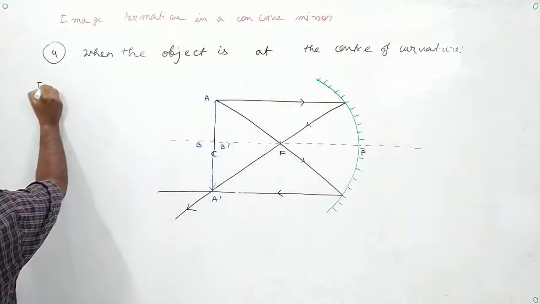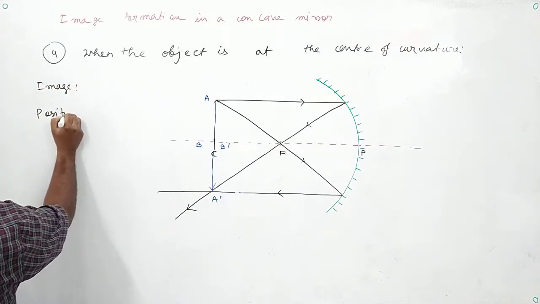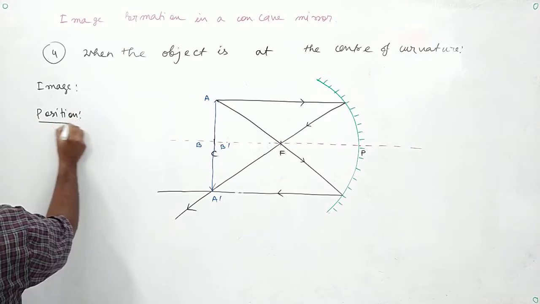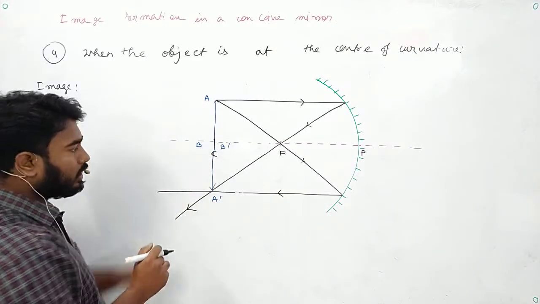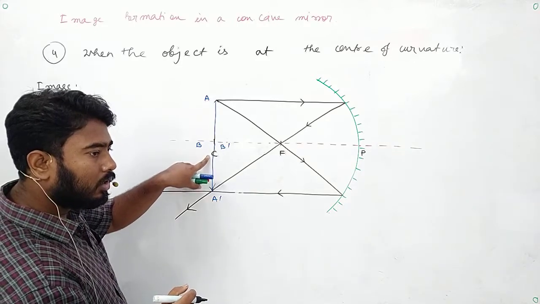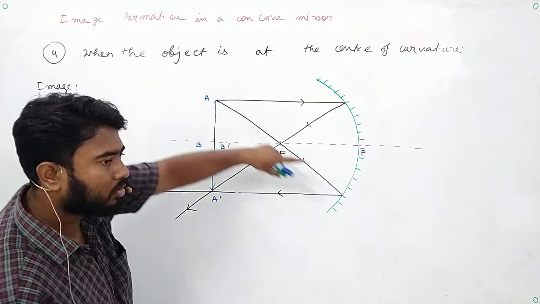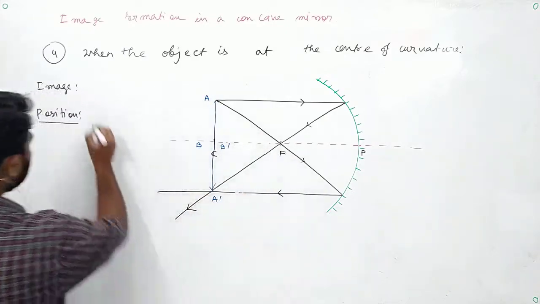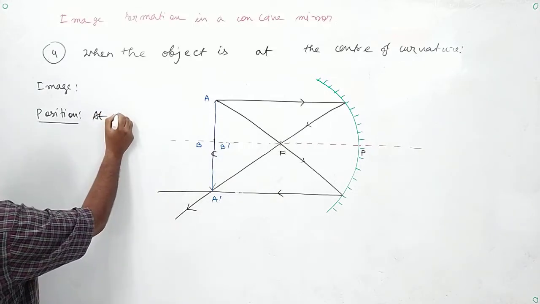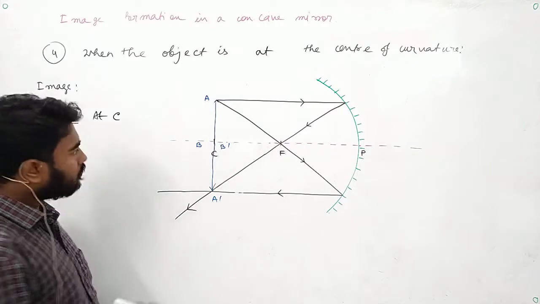The properties of the image: the position of the image. See, the image is at the center of curvature. The rays came out from the object at C and the image was formed at C. So the position will be at C. Is that clear?